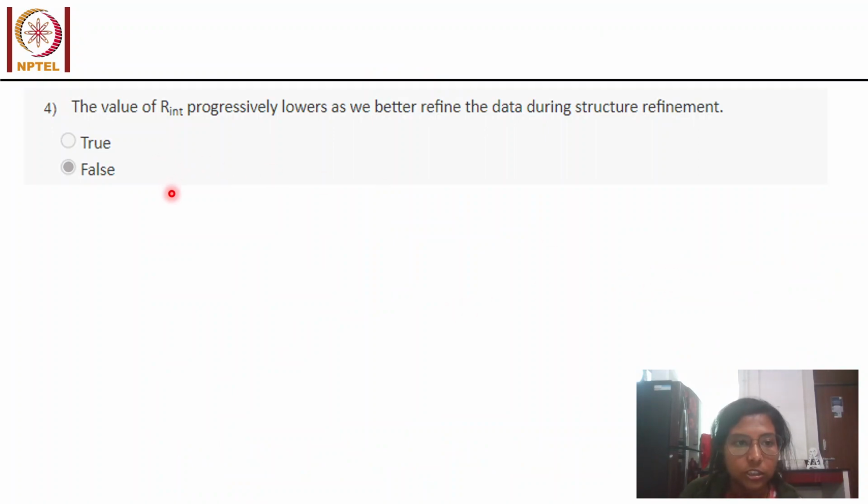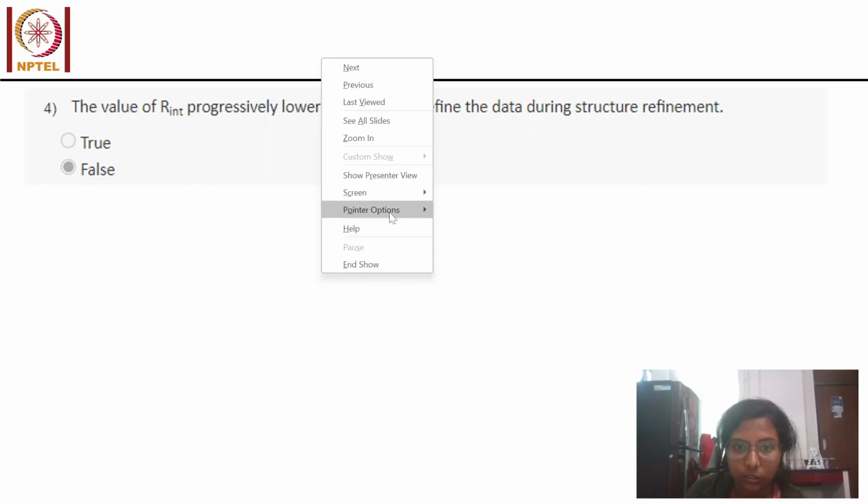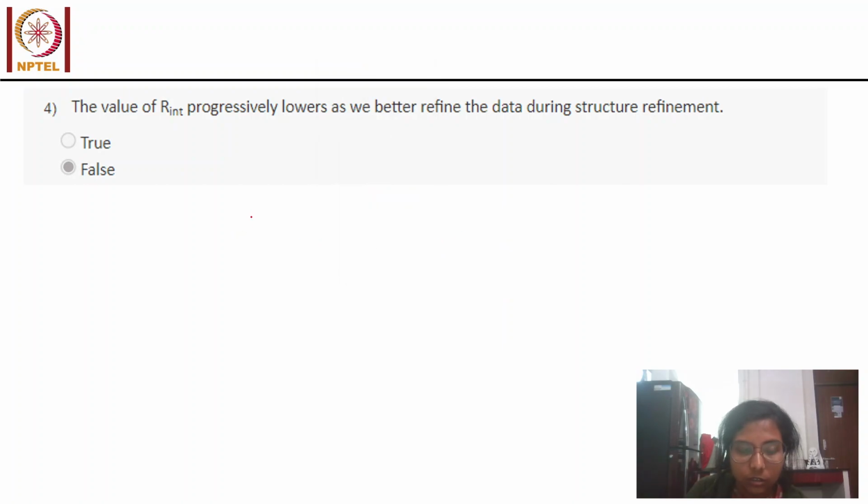The fourth question was that the value of R progressively lowers as we keep on refining the data, as we better define the data during structure refinement. For data collection, we use some terms. The first one is the R int.